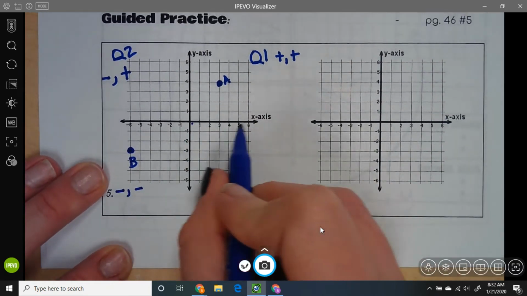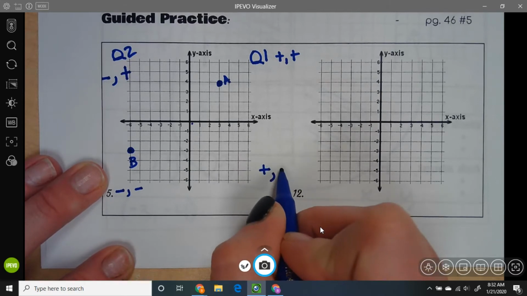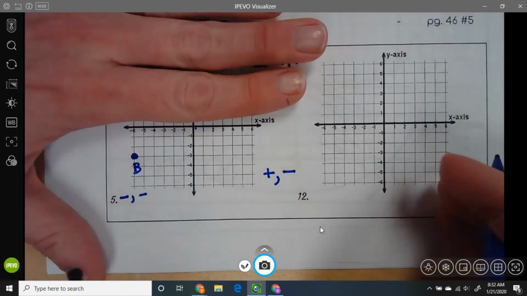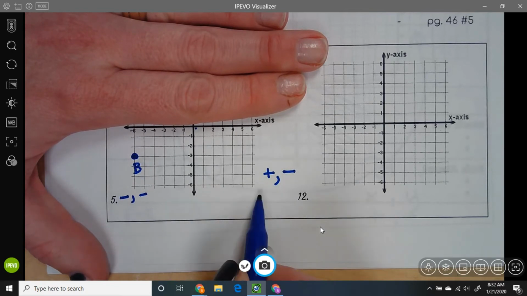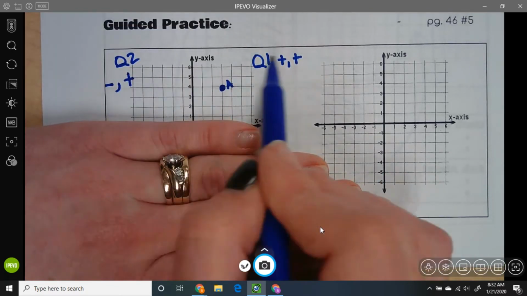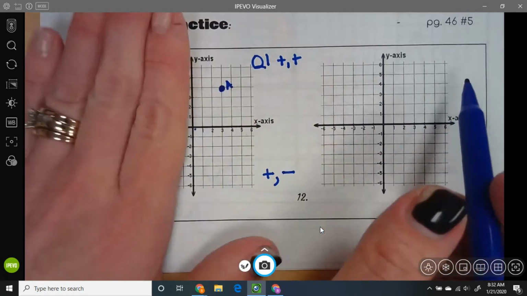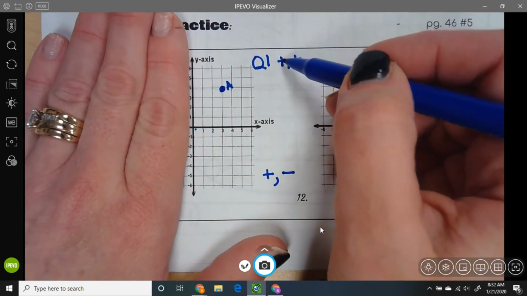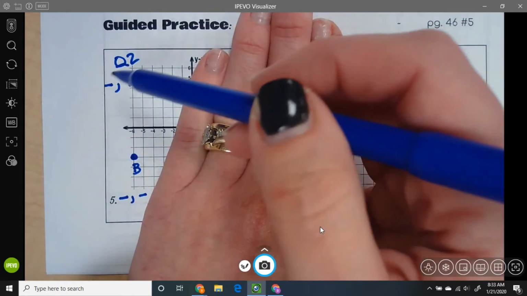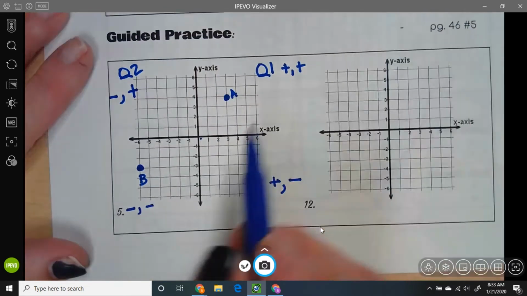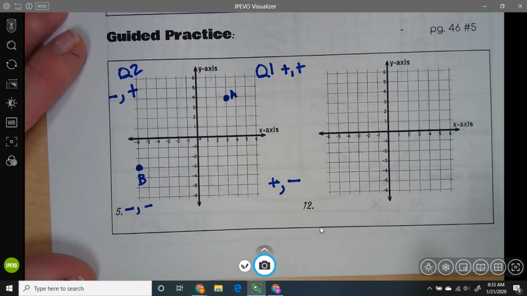And here the x-axis is positive and the y-axis is negative. So you can also see that on the bottom, the y-axis is both negative, whereas on the top, the y-axis is both positive. On the right side, you can see the x-axis is positive, whereas on the left, the x-axis is both negative, which corresponds with the number line.